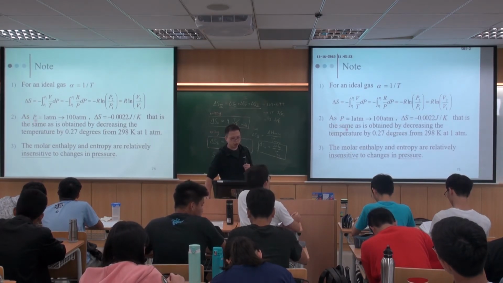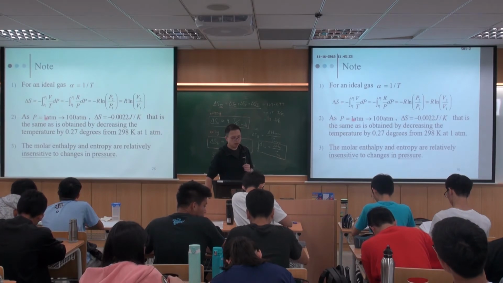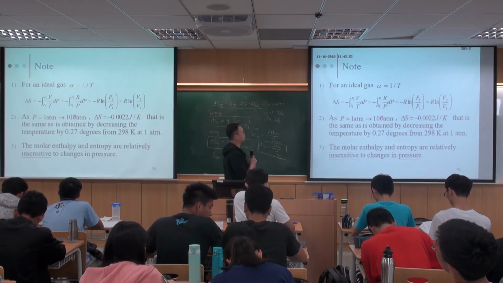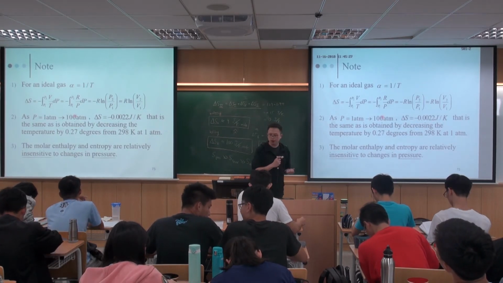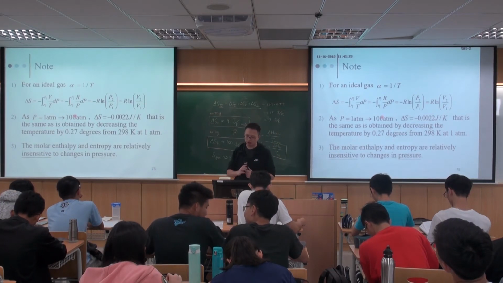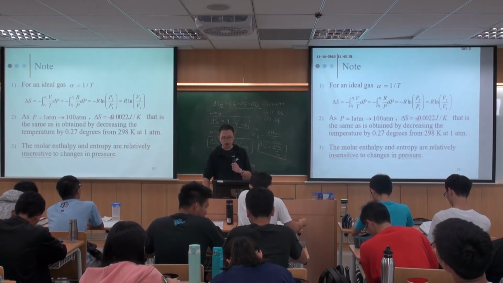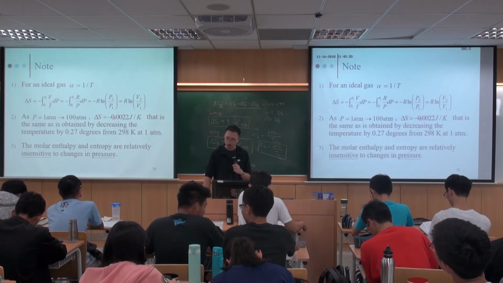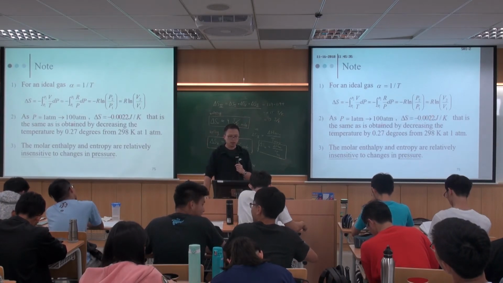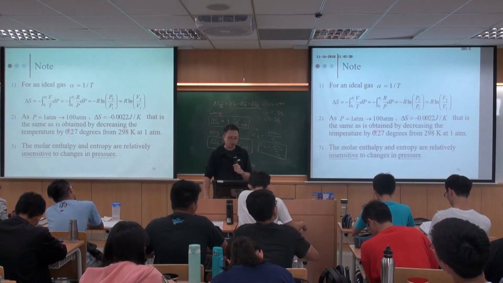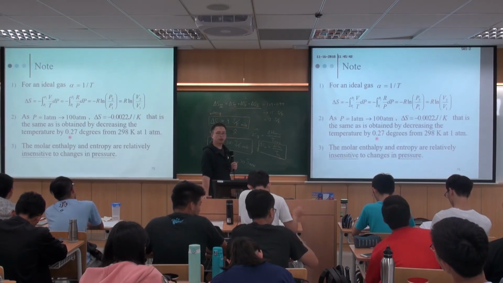And if you change the pressure again from 1 to 100 atm, so that's again 100 times bigger, there's only a very, very small change in terms of entropy, this minus 0.002. So you can also do that by just changing 0.3 degrees of temperature.